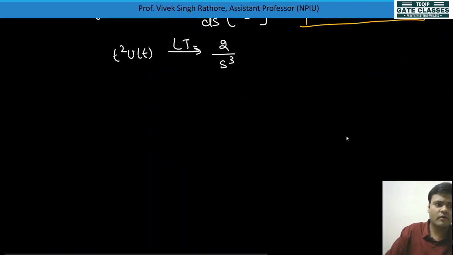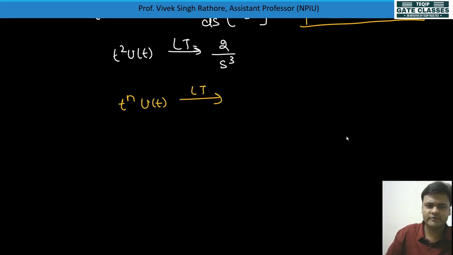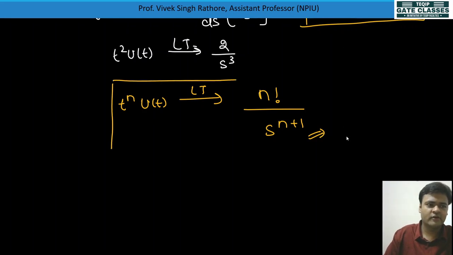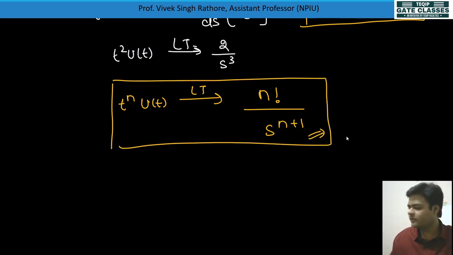If we go for the nth power of t into u of t, this is important, that's why we are seeing it, we'll get n factorial over s to the power n plus 1. Here you can apply it: for t square, 2 factorial is there, and in the denominator s to the power 2 plus 1, that is 3. So this expression is the final expression for t to the power n into u of t.